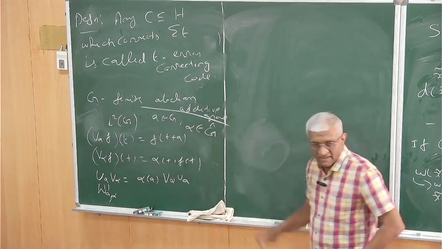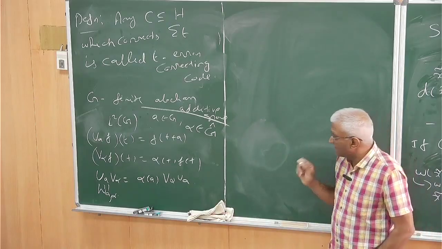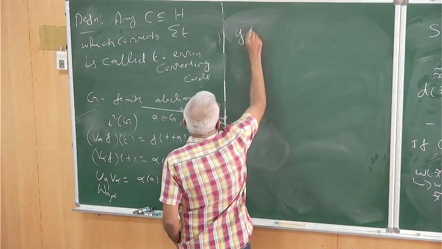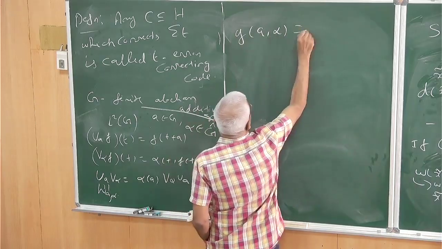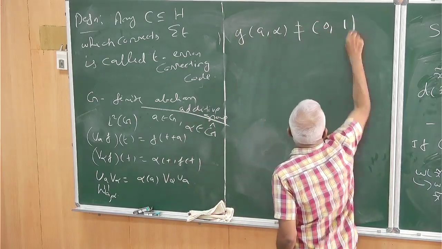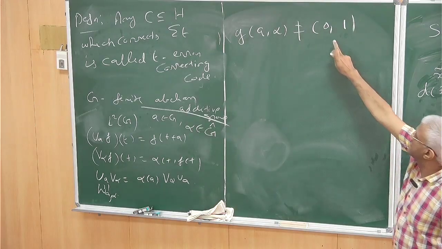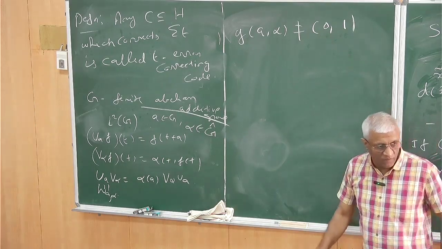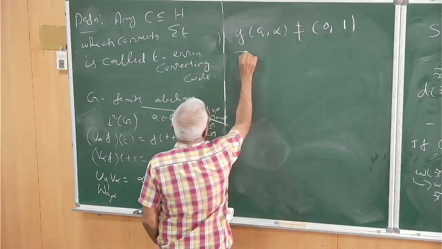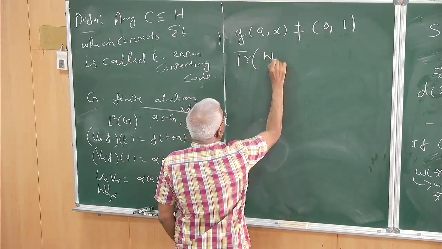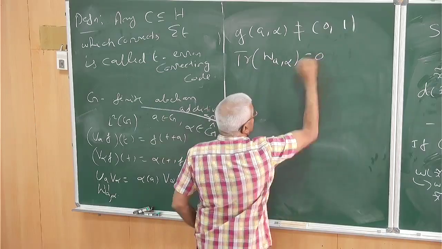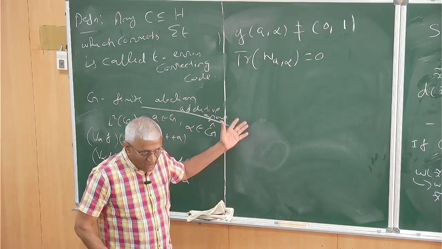So it satisfies this relation. There is one more thing: if (a, alpha) is not equal to (0, 1), where 1 is the identity character, the constant function 1, and 0 is the additive zero of the group, then the trace of W(a, alpha) becomes 0. You can check it.